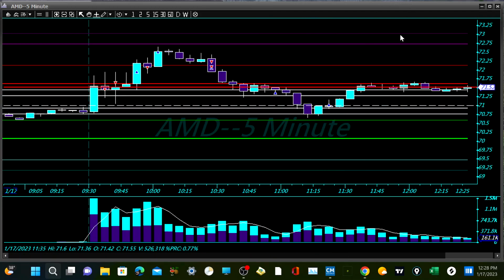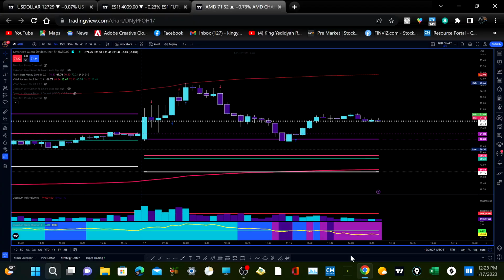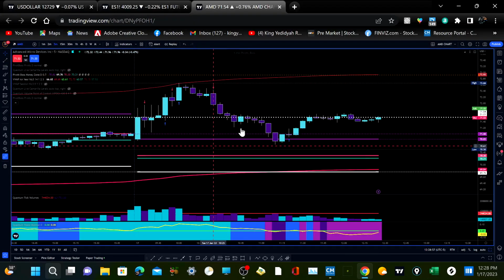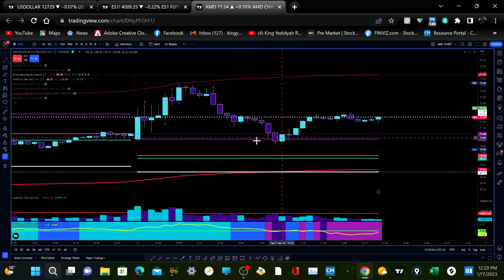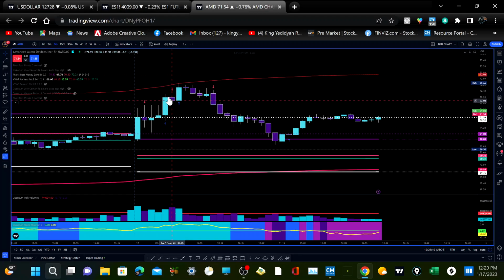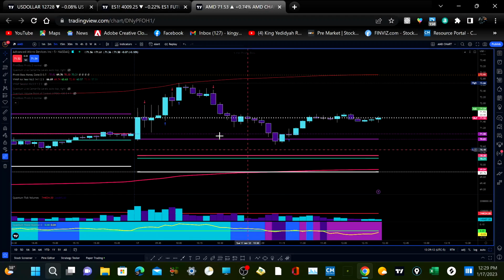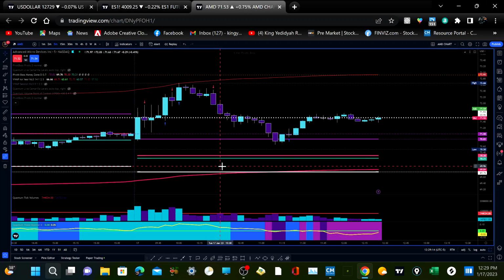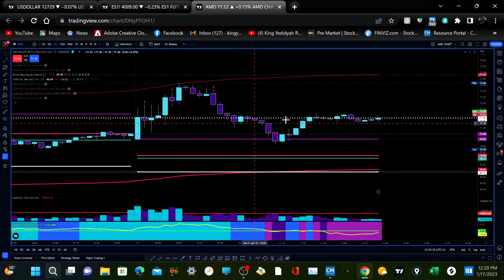71.07. So let's see here. Right, so you can see we came back down to the value area high. So that's where I kind of covered the trade, you know. So yeah, man, this second trade kind of messed me up a little bit, but all in all, I actually came back to like a small loss, almost break even, but it was a small loss.